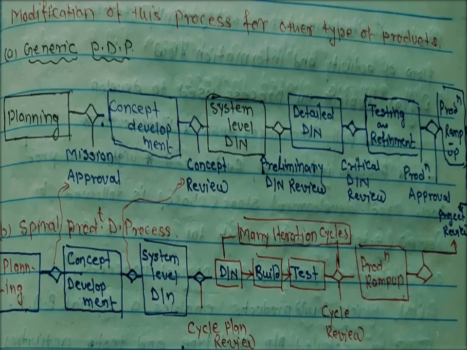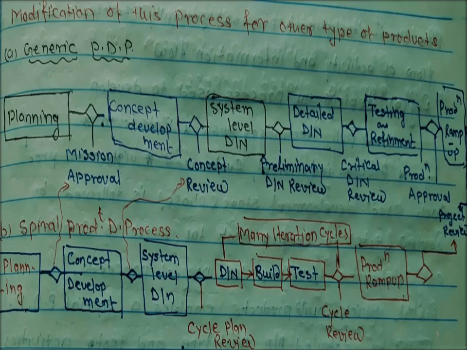In this process the first three stages are identical to the generic product development process, whereas in the next stage we design the various concepts developed as per the requirements of customers. So we design, build the prototype and test the prototypes, and this can be done until we finalize the design of a product.